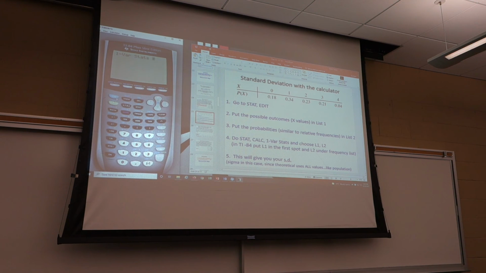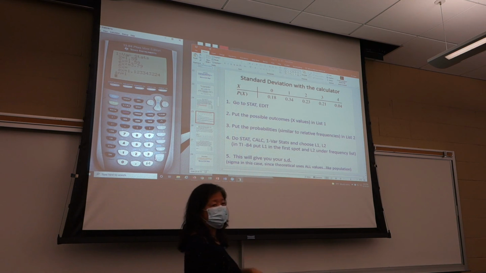So I need to hit second, because my second is blue, and then hit 1, and you'll see L1 come in here. The comma is above the 7. The L2 is this little thing in blue above the 2. So you need to hit the blue button, and hit 2, and then the L2 comes in. Then hit enter, and boom, you got it. You should have 1.59 as your mean, and 1.12 as your standard deviation.